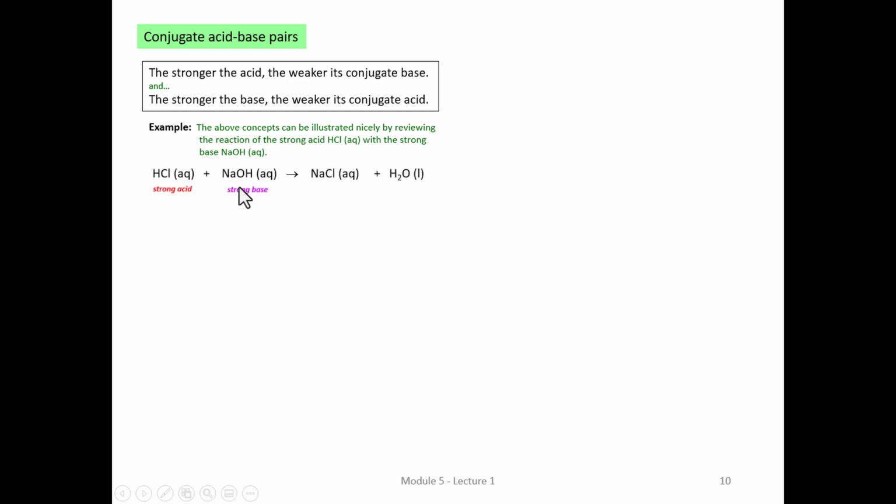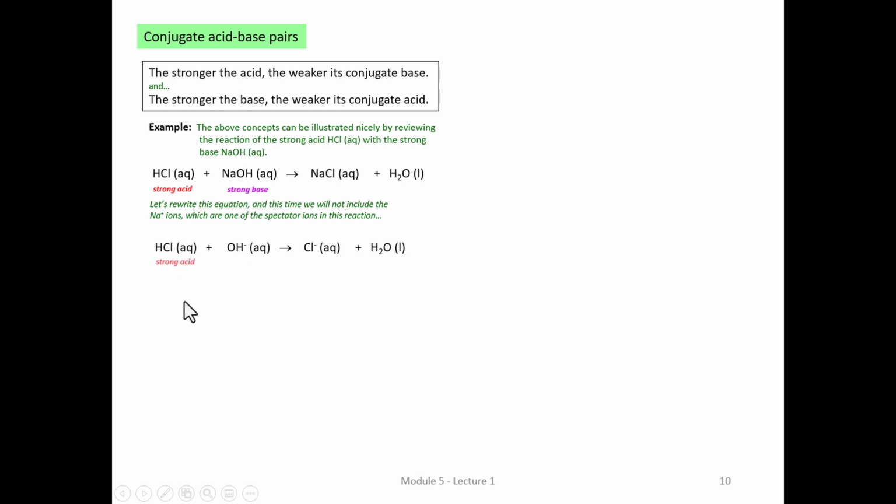Here's a reaction that we've looked at before, the reaction of the strong acid HCl with the strong base sodium hydroxide, giving sodium chloride and water. We've said before this reaction goes to completion. Let's rewrite this reaction, and this time let's just leave out the sodium ions, which are spectators here.